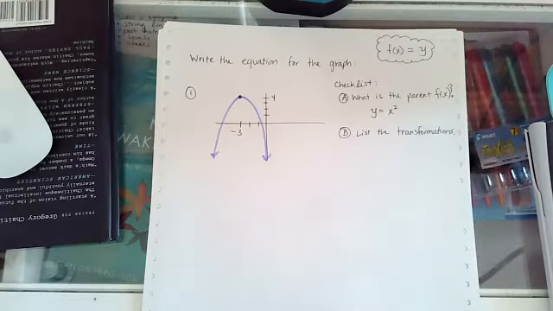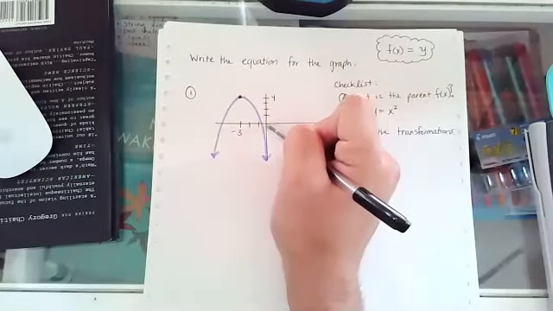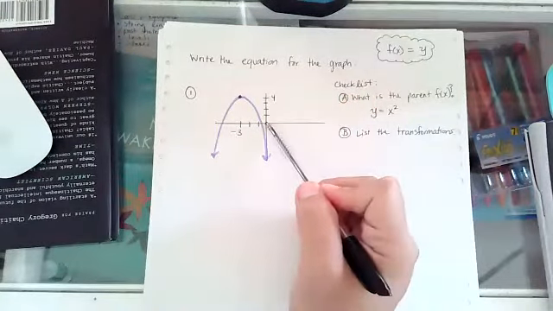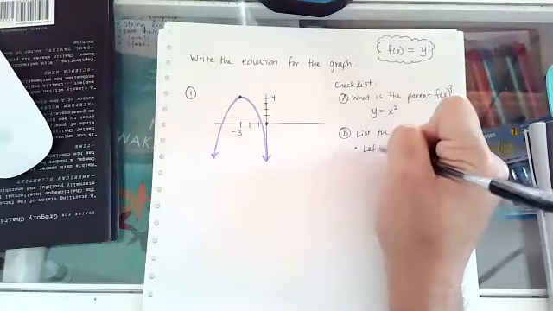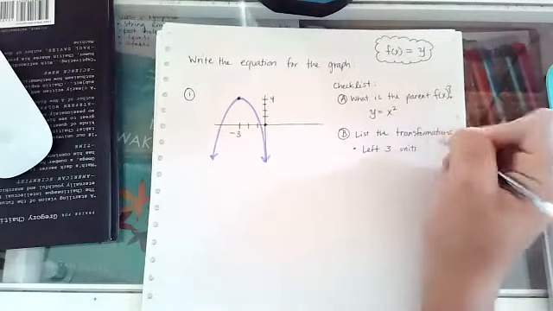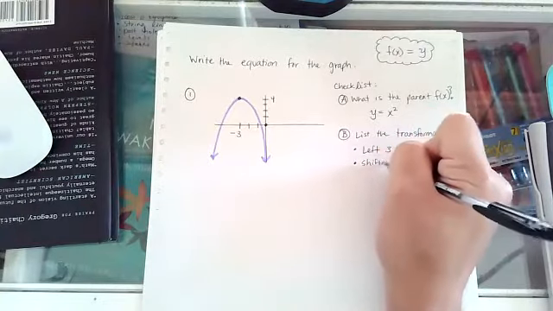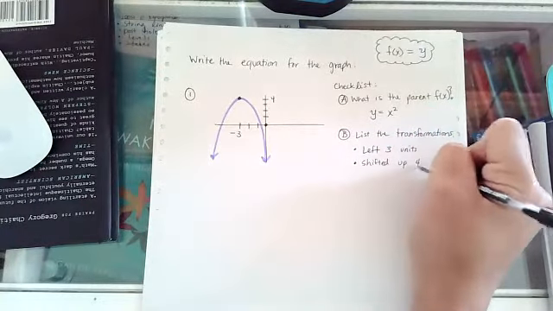So compared to the parent function, which we know starts right at the origin, at this point here, where did we shift this middle point to? Left. We shifted it to the left how many units? -3. Yeah. Well, we'll just say left 3 units because the left implies the negative direction. Okay. And then we also shifted up 4 units, right?